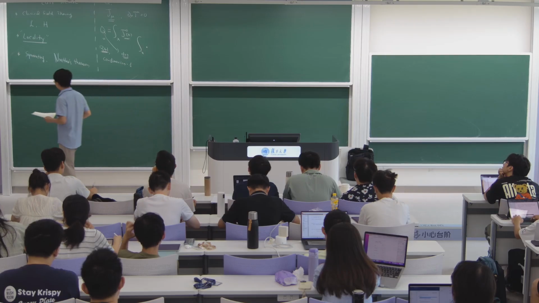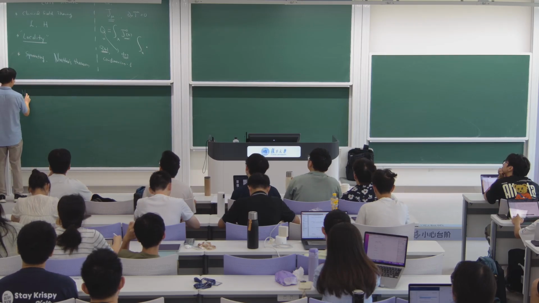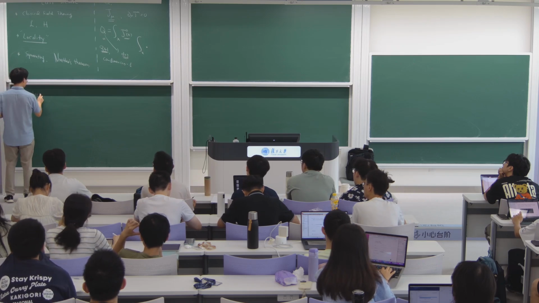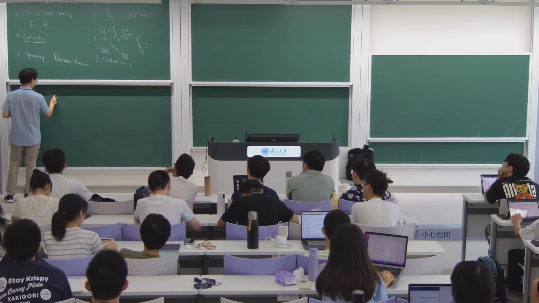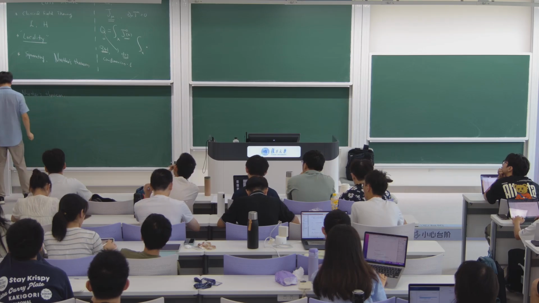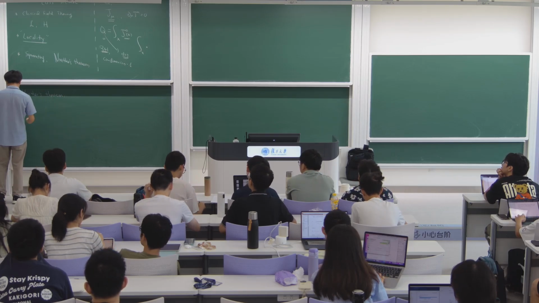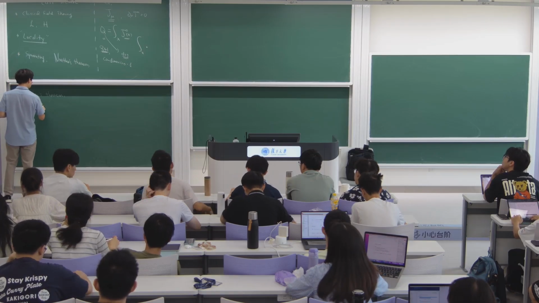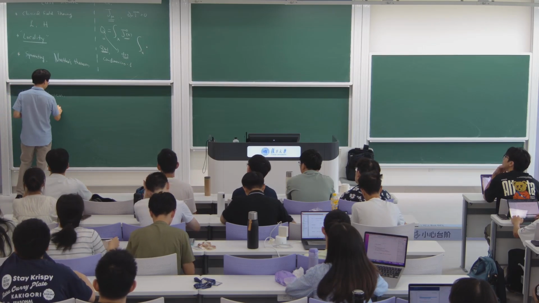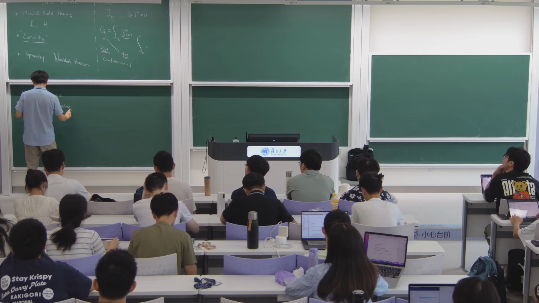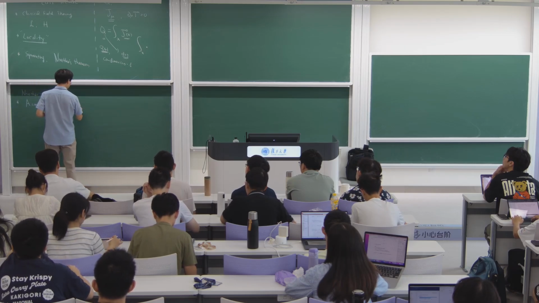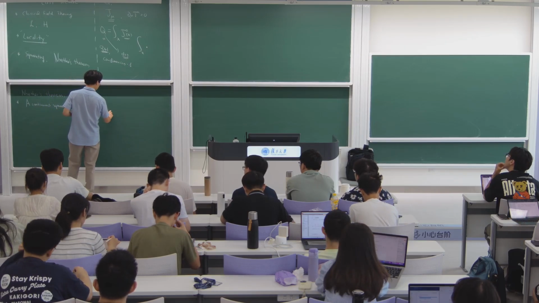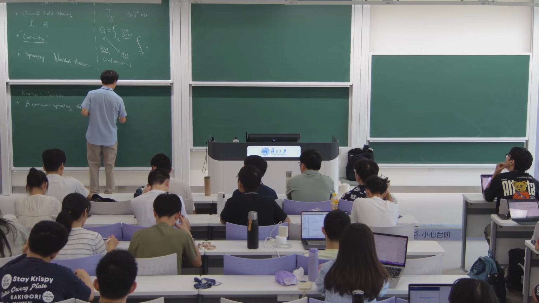So since this is important, let's spend a few more minutes to discuss the theorem. The theorem says, first of all, whenever there is a continuous symmetry, there is an associated conserved current.